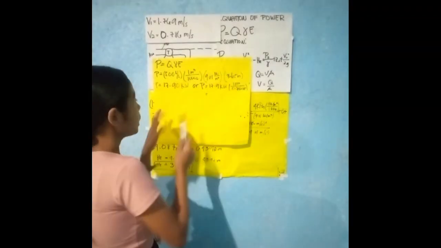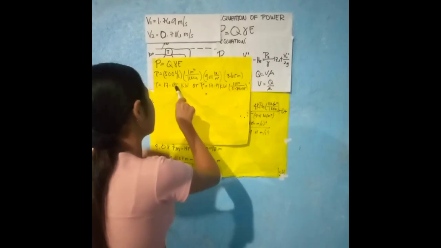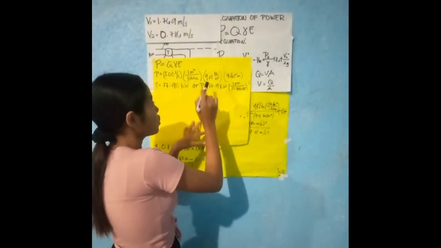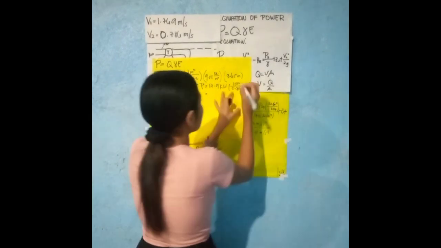This is our unit because our unit in power is watts, kilowatts, horsepower, kilonewton meter per second, or newton meter per second. But we can also present this kilowatts in horsepower. So power is equal to 17.9 kilowatts.